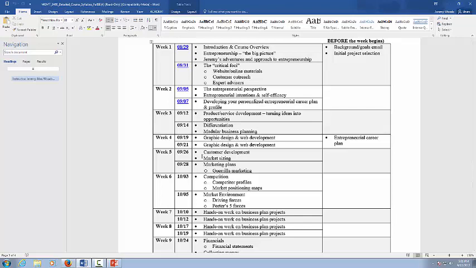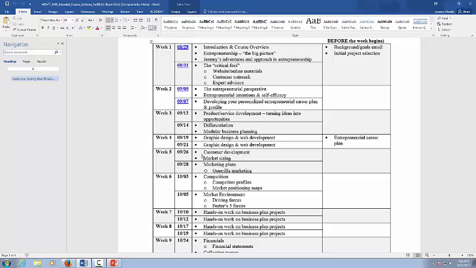After week 4, so after next week, things are going to diverge a little bit. I'm going to have lectures each week for a couple weeks to give you all of the rest of the information about the things that you need to come up with for your business plan. And you in the meantime, for your homework, are going to be talking to beta customers, talking to expert advisors, and getting their feedback.